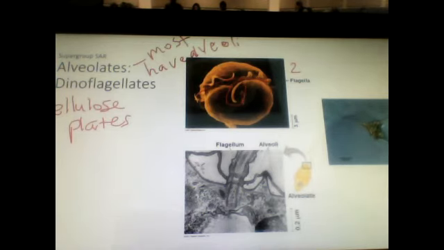So they're free floating, although they have a little bit of ability to control their direction. Some of them are phytoplankton, so we have some that are photosynthetic. So here come the sums again. Some of them are mixotrophs, and some are heterotrophs.